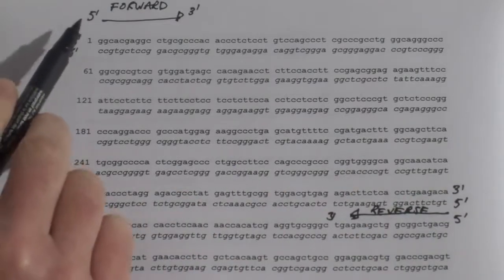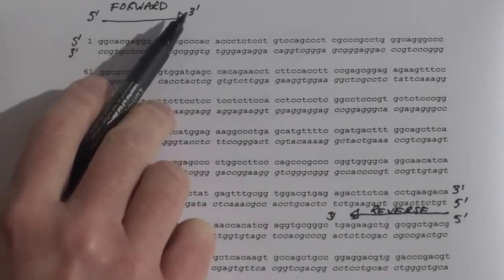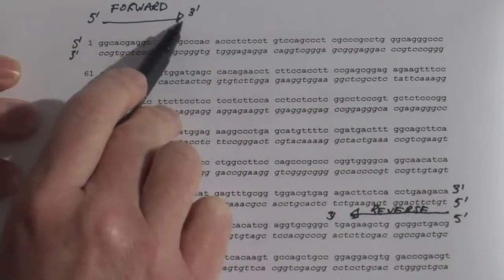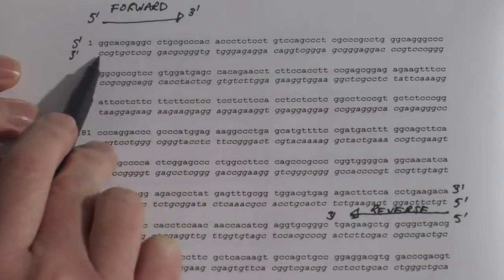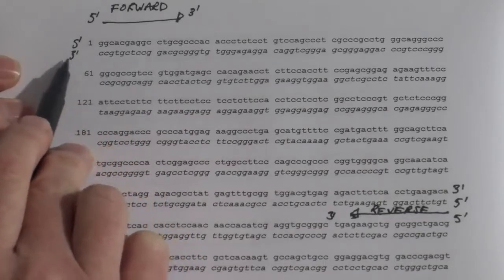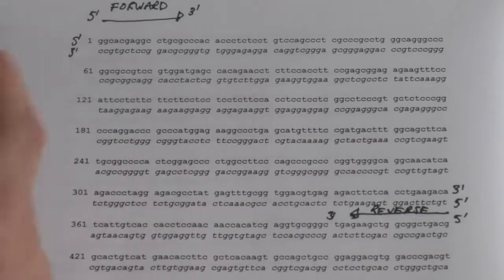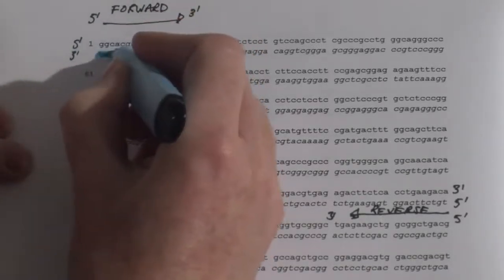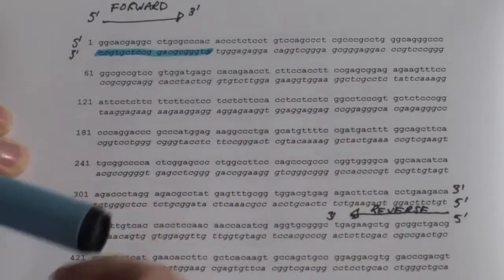Now, if this is my forward primer and it's running 5' to 3' in this direction, because this is 5' to 3', the strand of DNA that this primer will anneal to must be the complementary strand here, which is starting at the 3' end. So if I highlight in blue which is going to be my primer binding site, that is my primer binding site there.